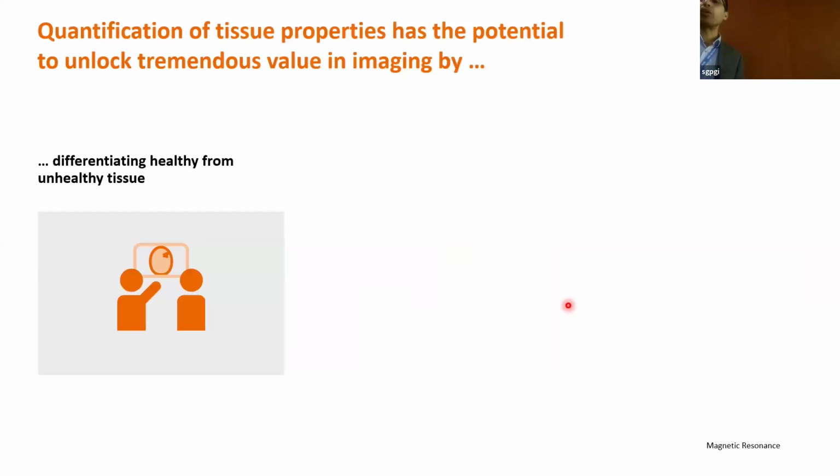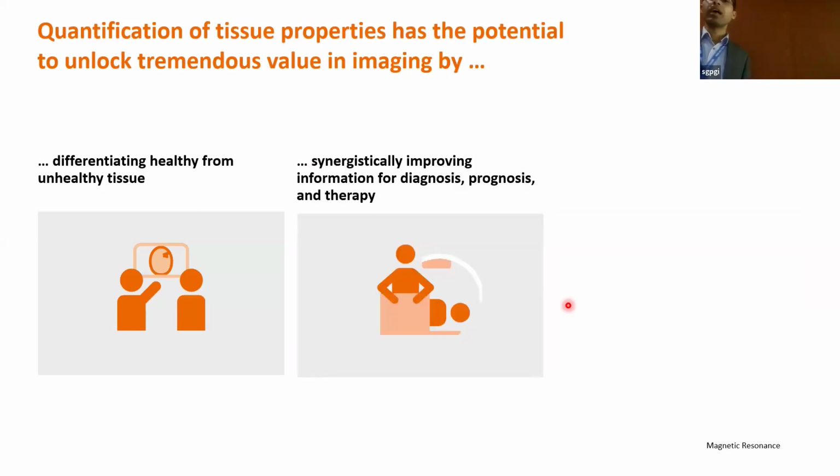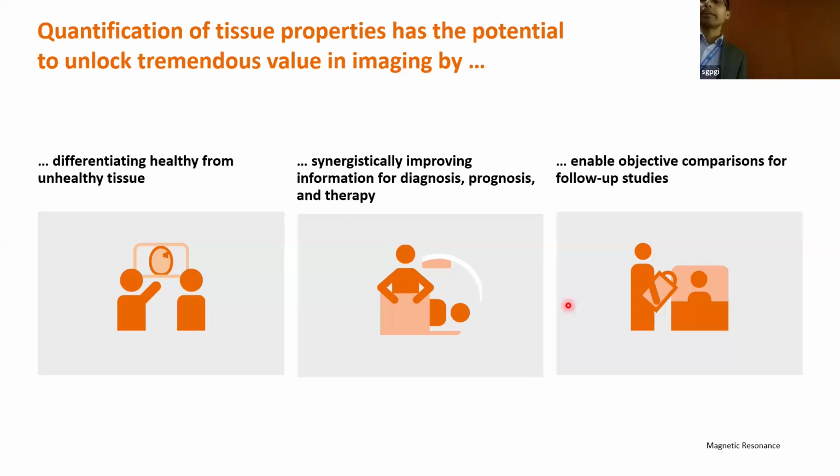So quantification, we know, is very important, and it can help us in differentiating healthy versus the unhealthy tissue. And basically it can help you in getting better diagnosis. It can give you an idea about the prognosis and the therapy outcomes as well. And then basically it enables the objective comparisons of different time point studies as well.